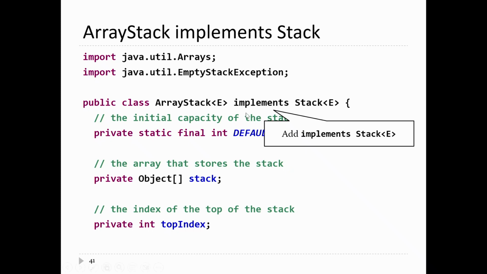So you just write implements Stack, and then the generic type E. That E and that E should match. And away you go, that's it, you're done. You now have a generic interface. You've taken a non-generic class, converted it into a generic class, and all you had to do was make a few changes to the types.